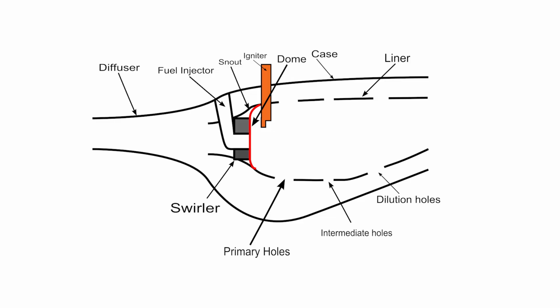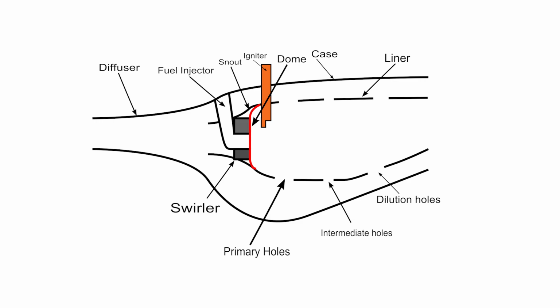The dome and swirler are the part of the combustor that the primary air flows through as it enters the combustion zone. Their role is to generate turbulence in the flow to rapidly mix the air with fuel. Early combustors tended to use bluff body domes rather than swirlers, which used a simple plate to create wake turbulence to mix the fuel and air. Most modern designs, however, are swirl stabilized.